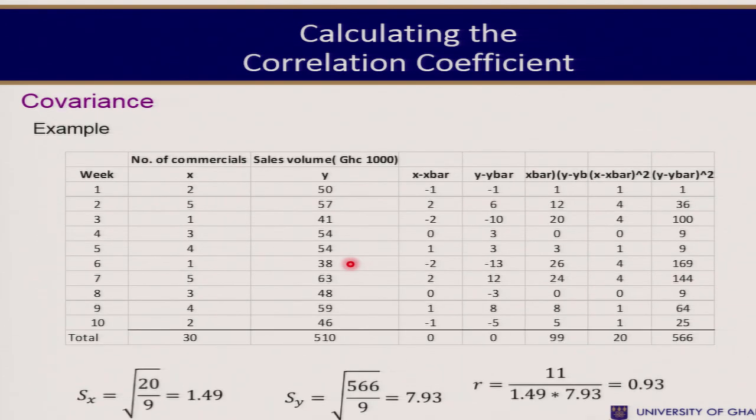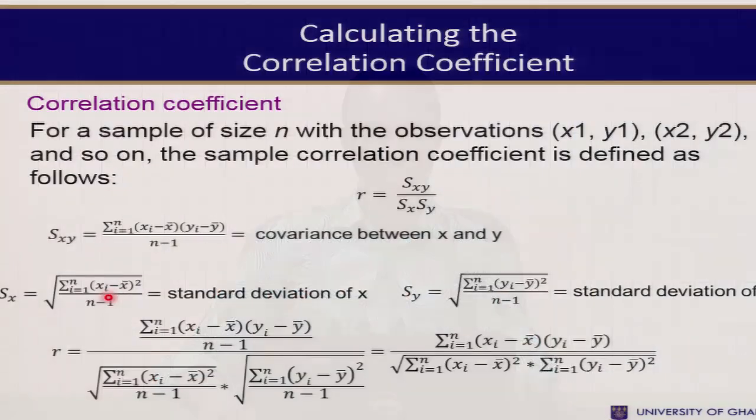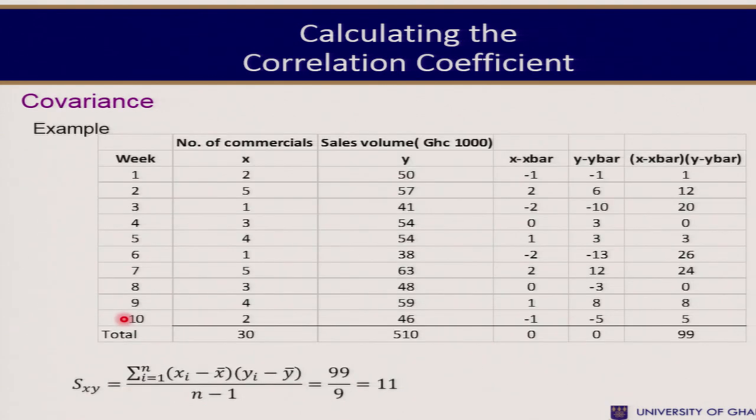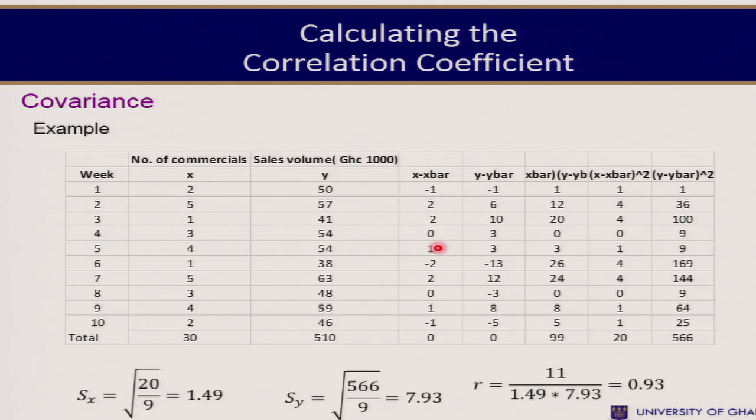We can also do similar for the Sx, that is the standard deviation of the X values, which is calculated as the summation of xi minus x bar all squared, divided by n minus 1 under the square root sign.